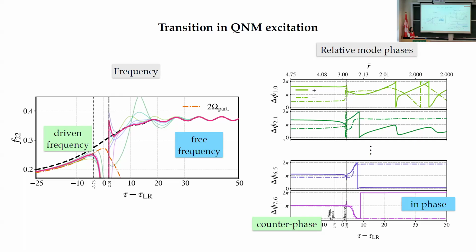Instead, at late times, as the source has decayed, you see kind of a free oscillator, right? The frequency is approaching the frequency of the fundamental mode, and the modes are actually now in phase. There's some more dynamical transition going on at intermediate times, but at least in these two regimes, this is what we find.